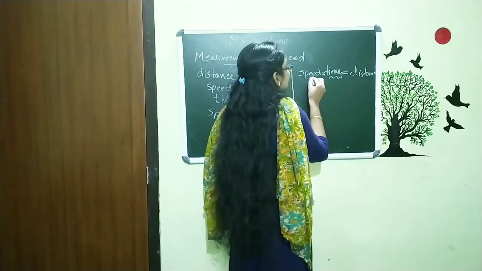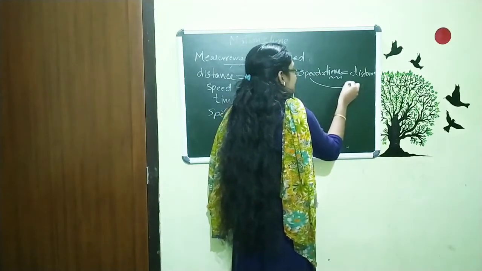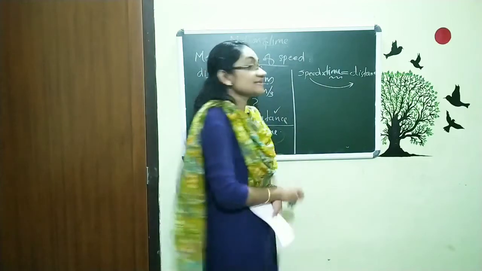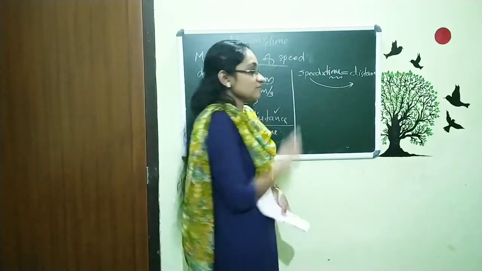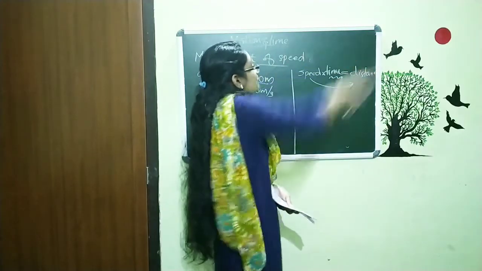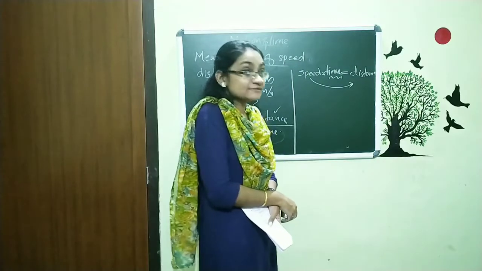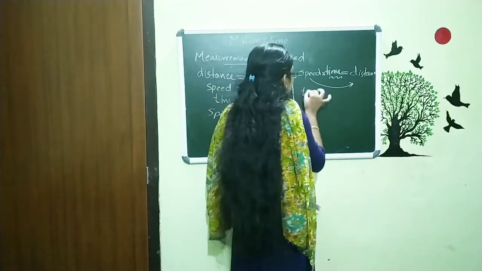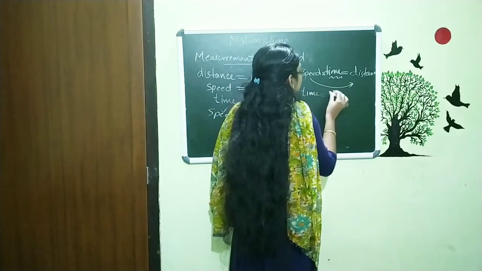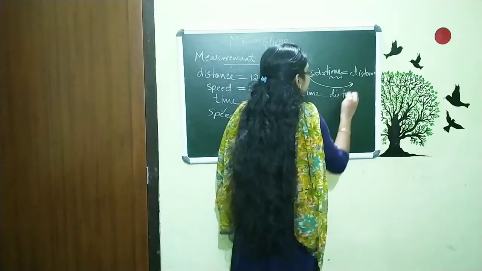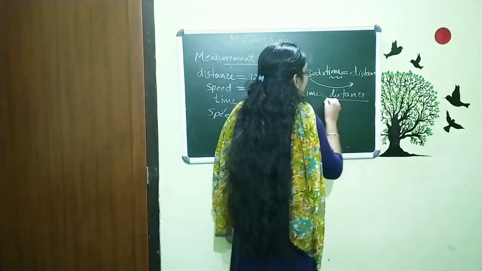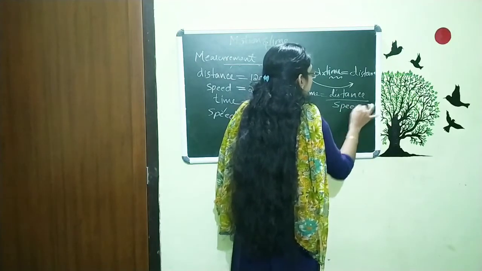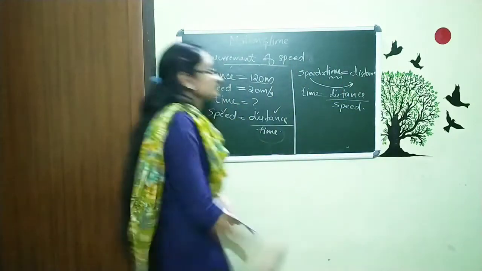So I take this speed again to the other side. Here the speed is multiplication, and when multiplication moves to the other side of the equation, it becomes division. That means time is equal to distance divided by speed.